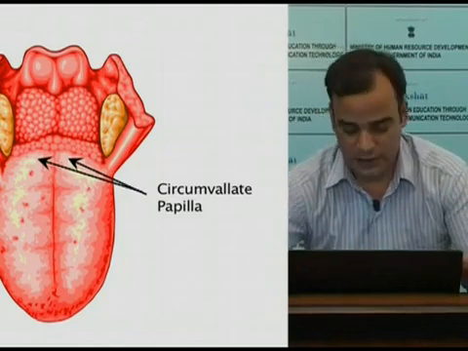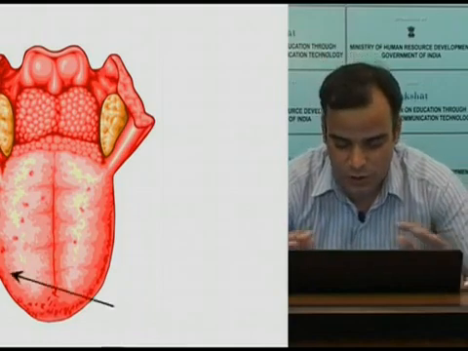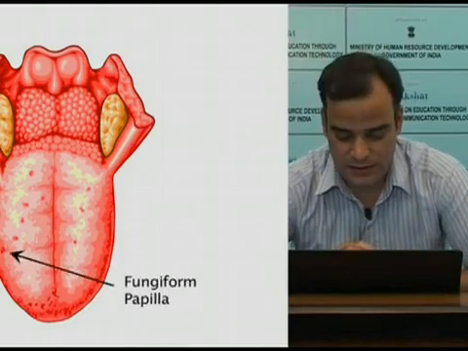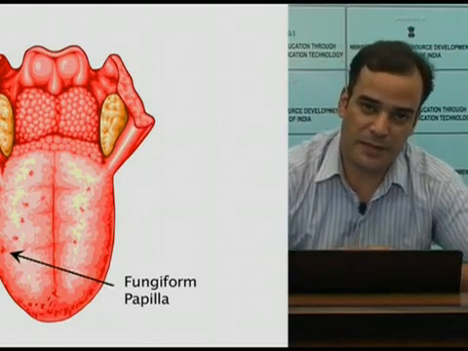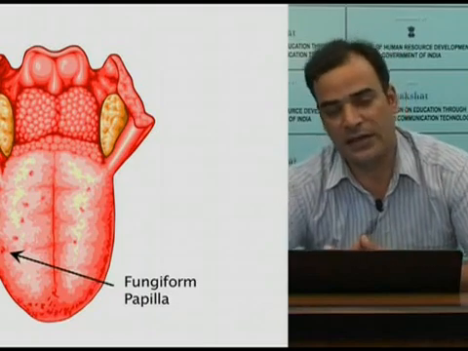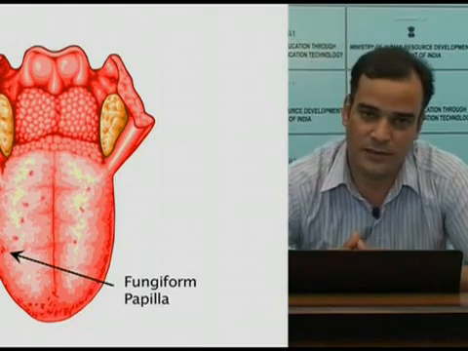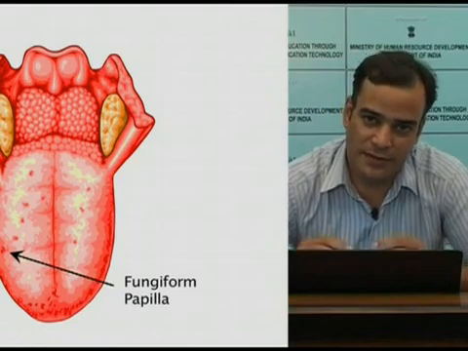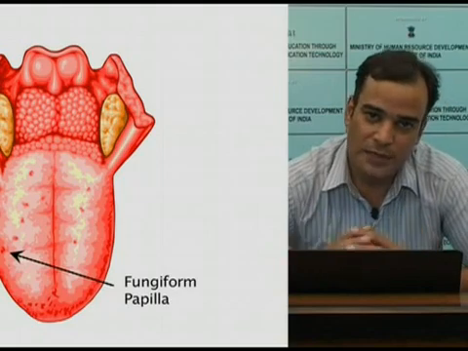Another type of papilla on the dorsum of the tongue, and numerous in number, are called fungiform papilla. These are the medium-sized papilla, that is, smaller than the circumvallate papilla, and they are identified by their bright red color. These bright red papilla are also seen usually on the tip and the margin of the tongue.